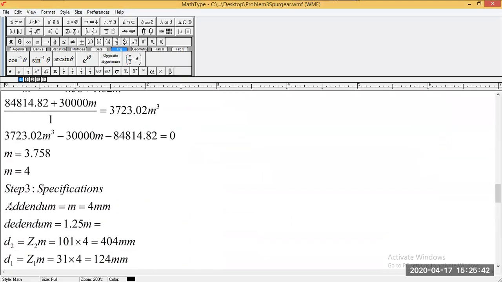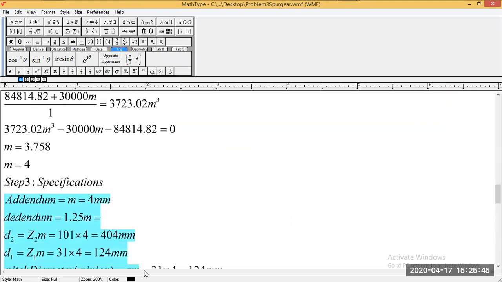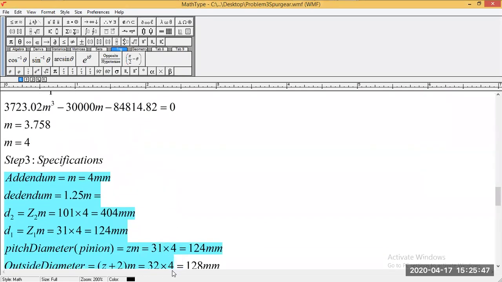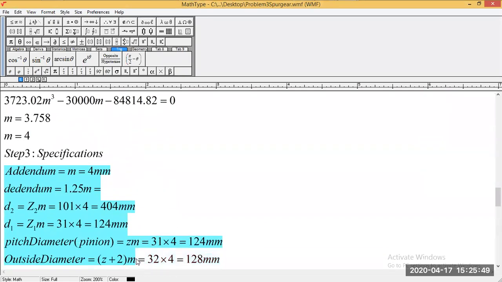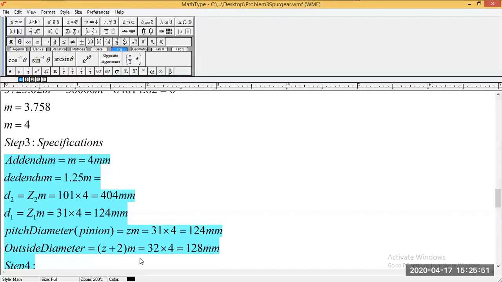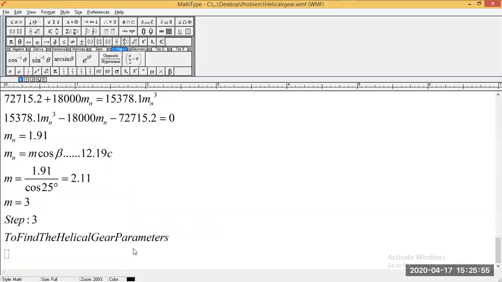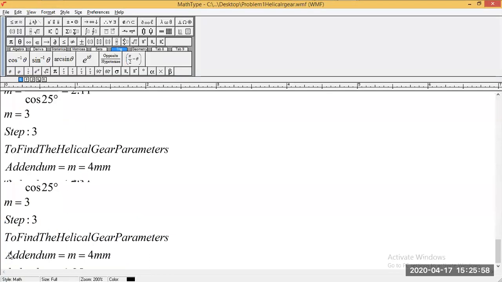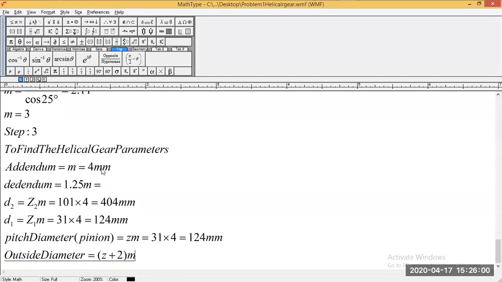Let's find only very few values. All are not required. That's enough. So these values are enough. So module we have got here as 3 mm.